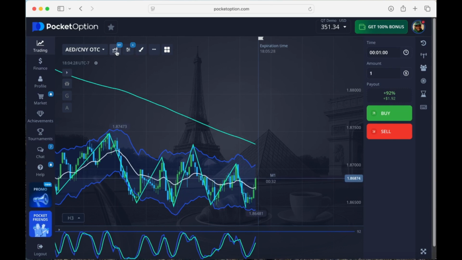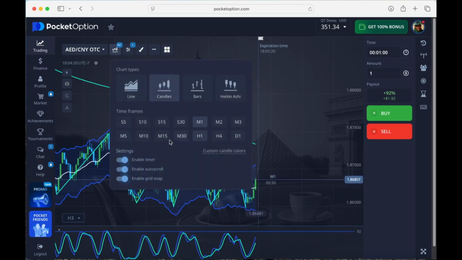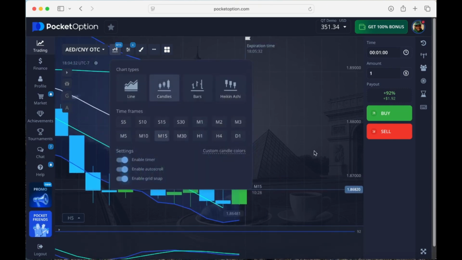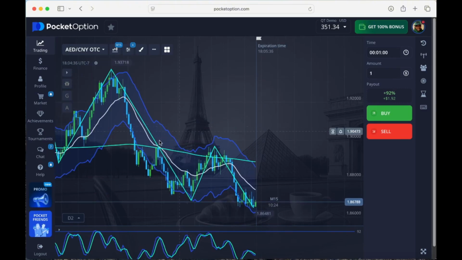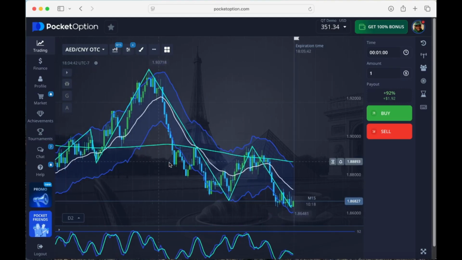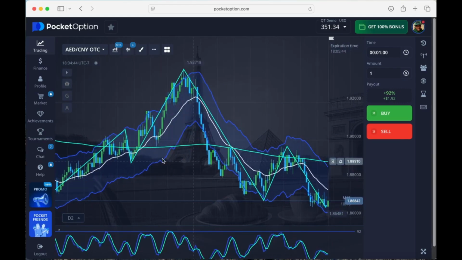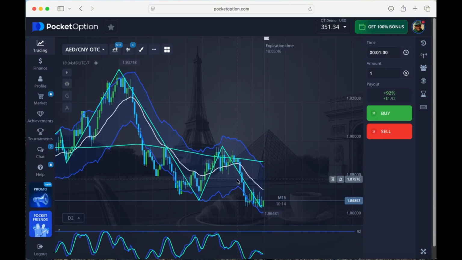I click on the M15, and then I start going through different pairs to see what setup I like, and basically how I trade.